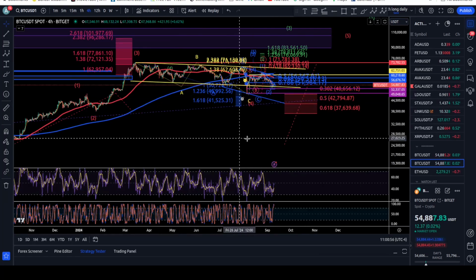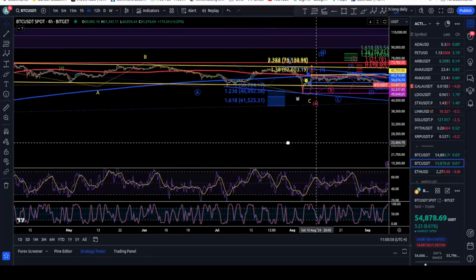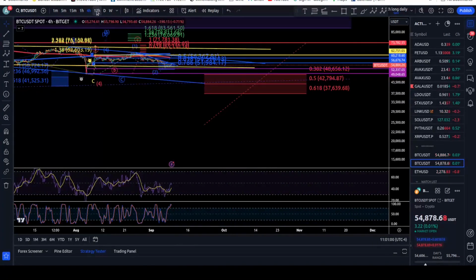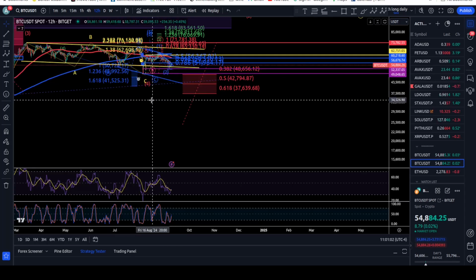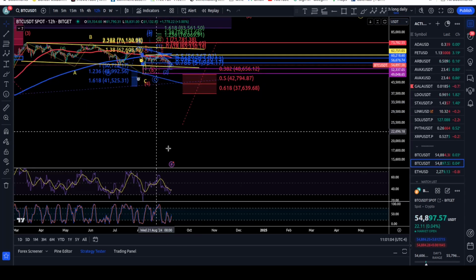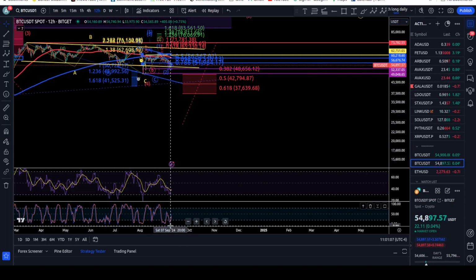Now, if I check some indicators, just to have an idea, 12 hours, because 4 hours honestly is too early. Okay, 12 hours, we're not still in oversold. We're near there, we've already been there, but the RSI has never been there for the last 1 or 2 weeks, I would say.